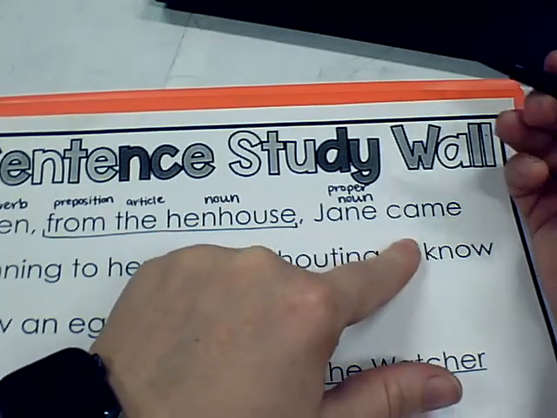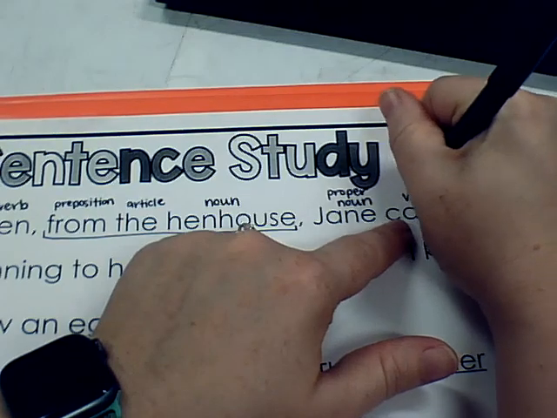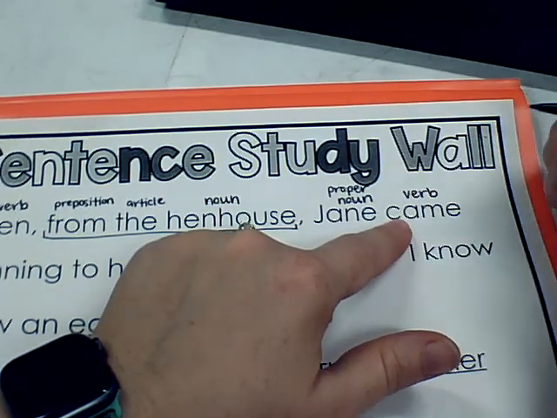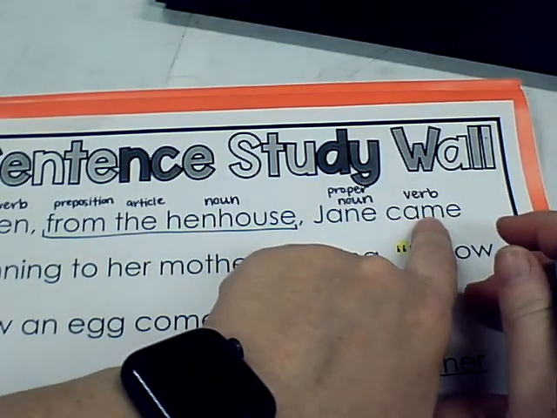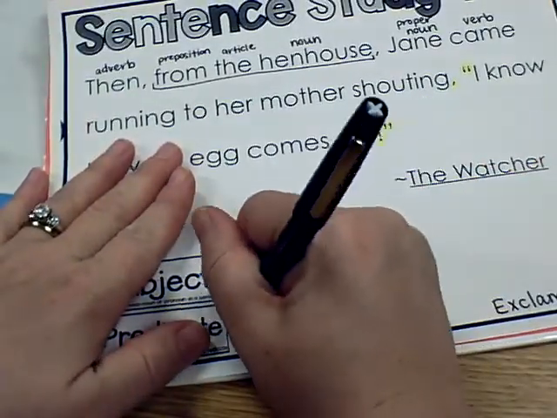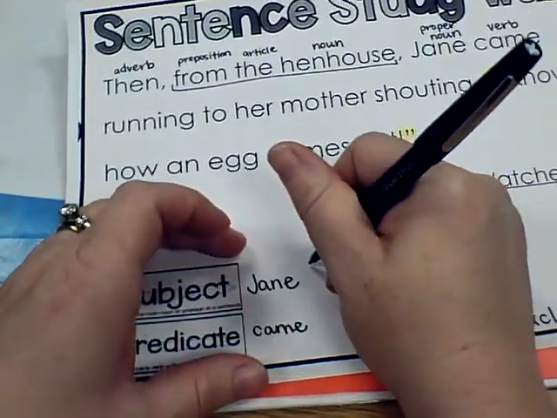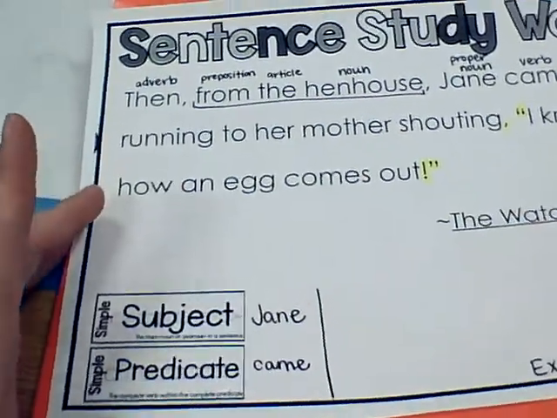It's somebody's special name. Jane came, which is a verb. Also, what is doing the verb is going to be the subject of the sentence, right? So Jane came. I'm doing that because there are more in the sentence.